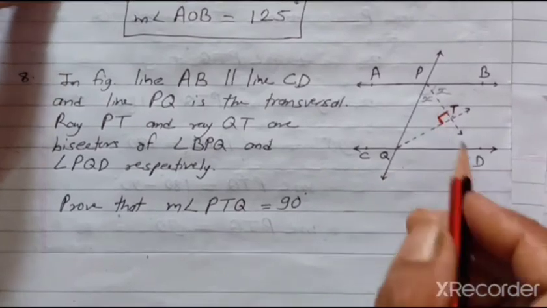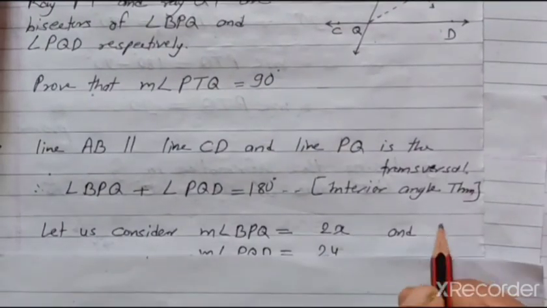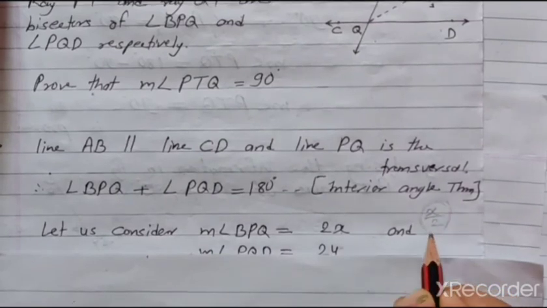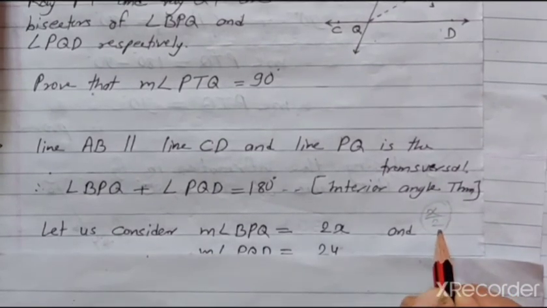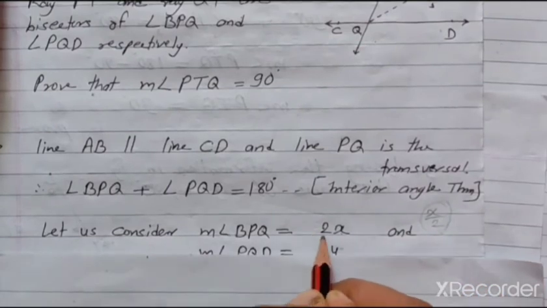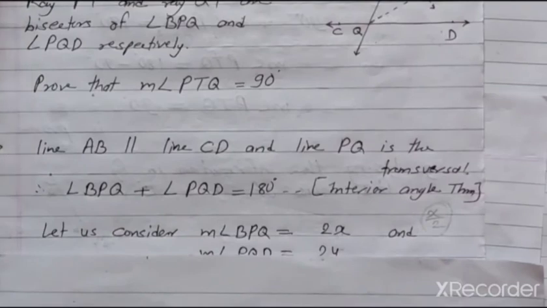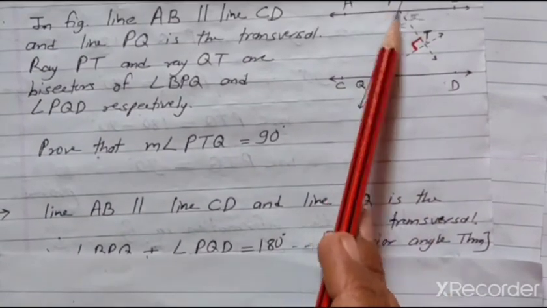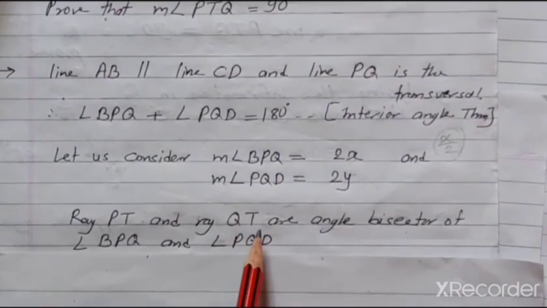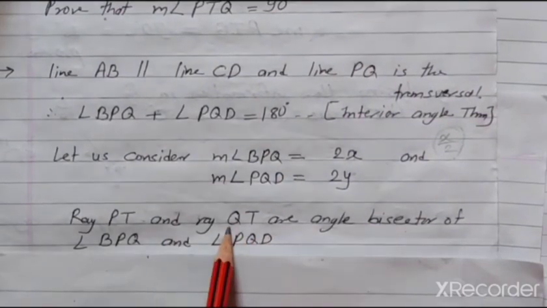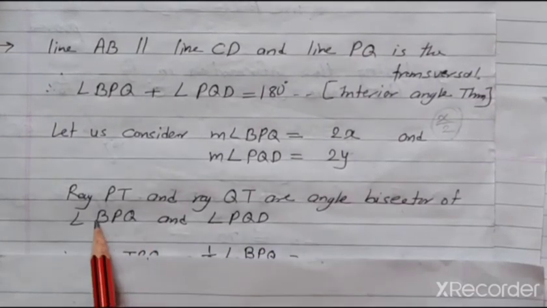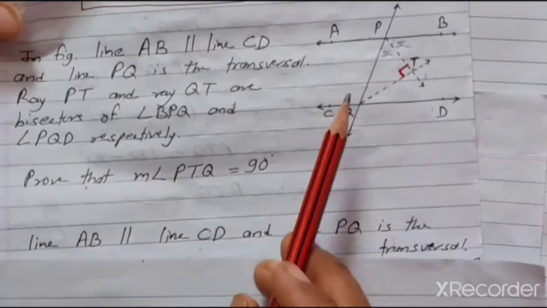If you take only x, then x divided by 2, its mathematical operation may be quite difficult. So to avoid this difficulty, here I am taking 2x and 2y. Now you know that this ray PT and QT are both angle bisectors.